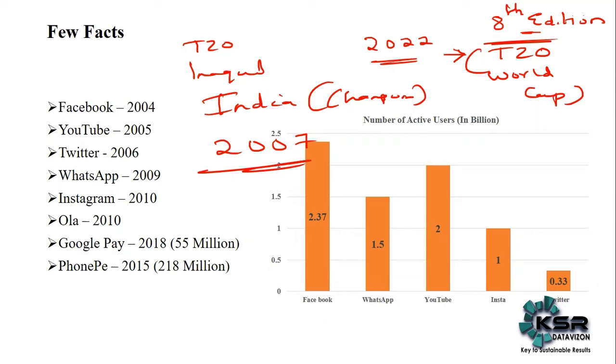Can you believe this? When India won the first T20 World Cup, we did not have WhatsApp. We did not have Instagram. Today, everyone is posting in WhatsApp status, Instagram stories. And Virat Kohli is a person having the highest number of followers, 214 million. In 2007, nothing.